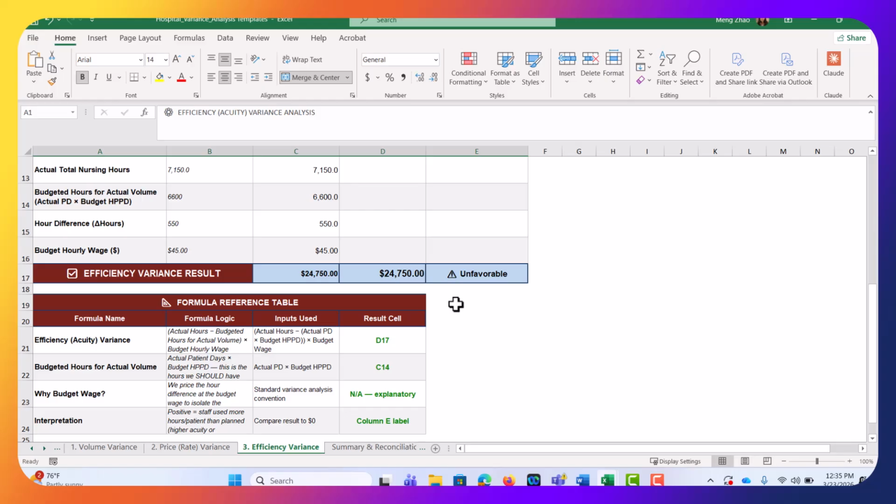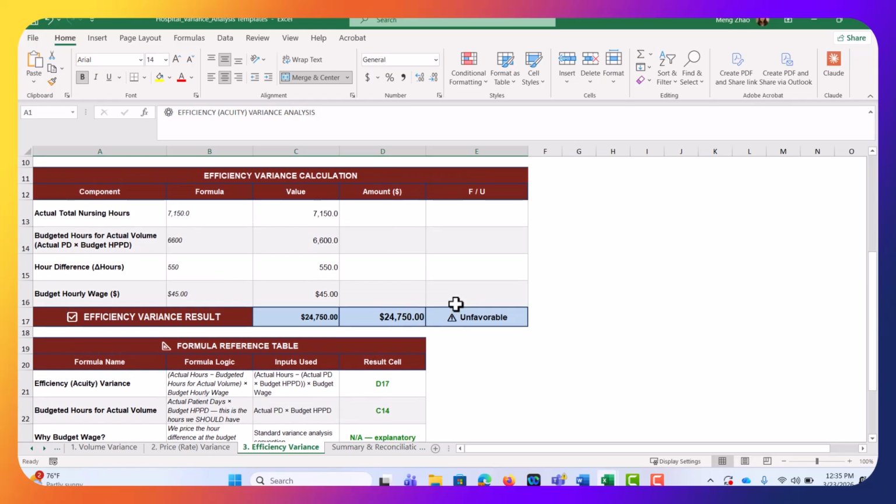This is how we calculate the efficiency variance. In this case we have an unfavorable efficiency variance of 24,750 overpay.